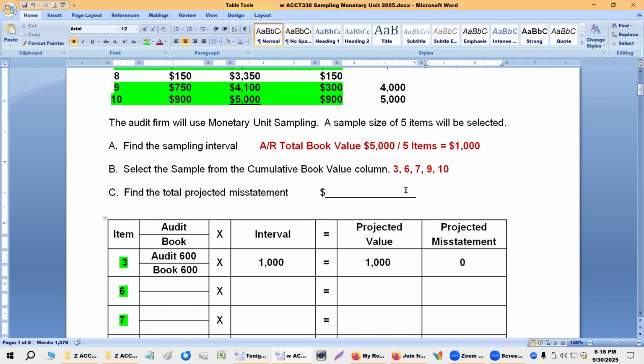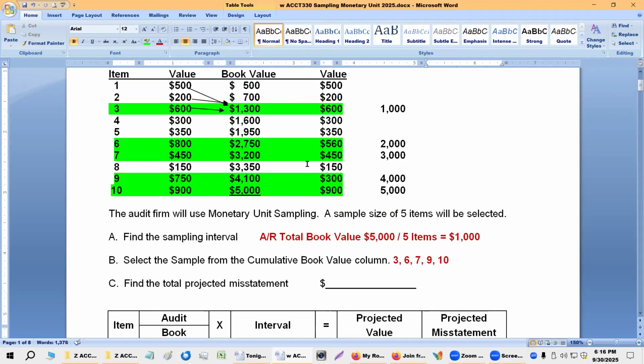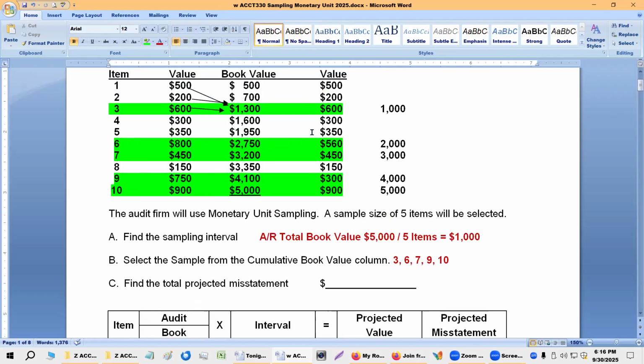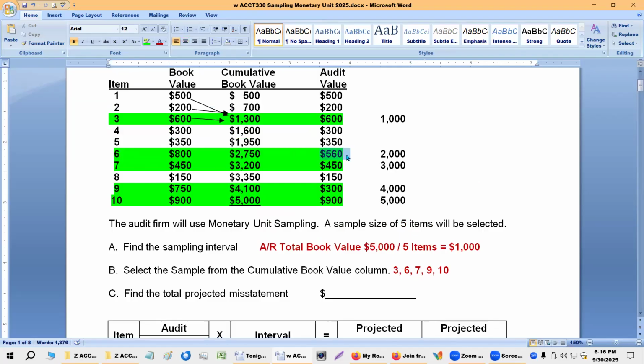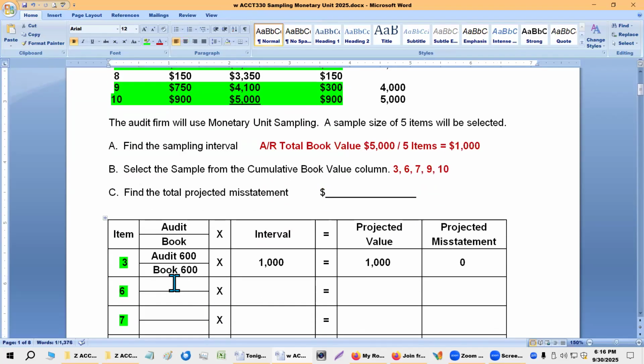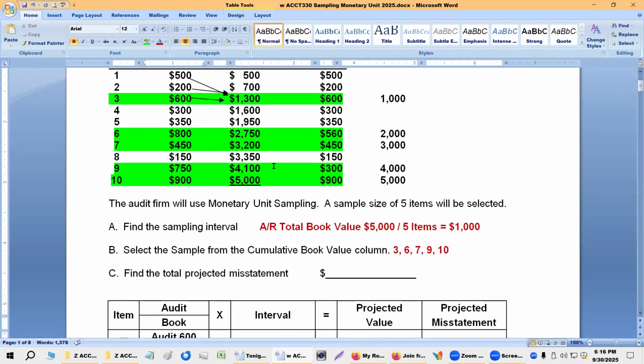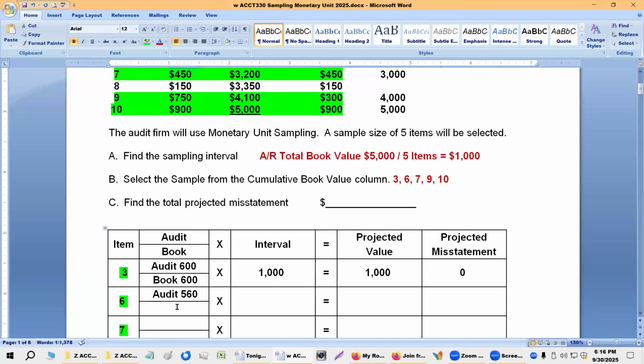Okay, let's find some more interesting ones. Let's go to number 6. The audit value, excuse me, is 560. So this is what we go out and look, and we find that it's 560. The book amount is 800.